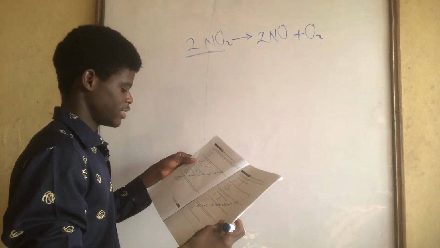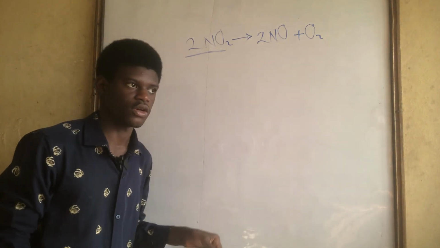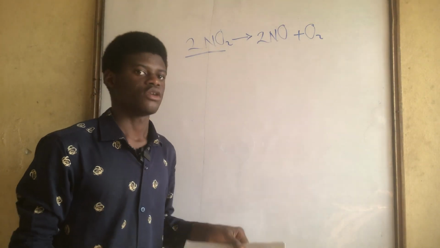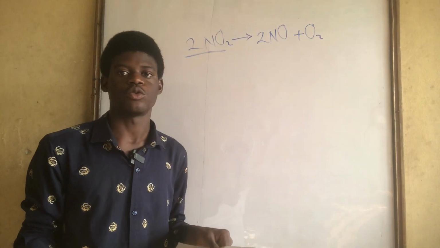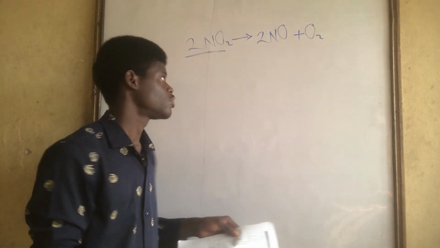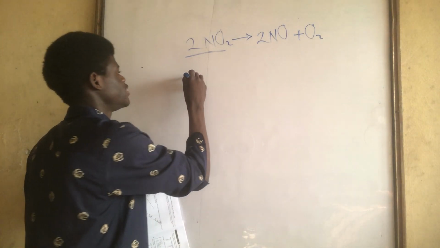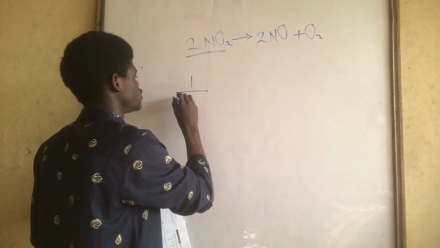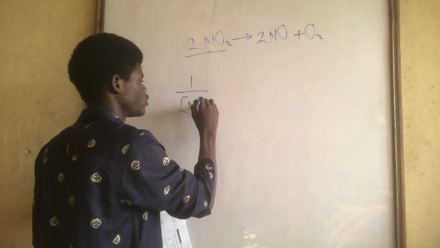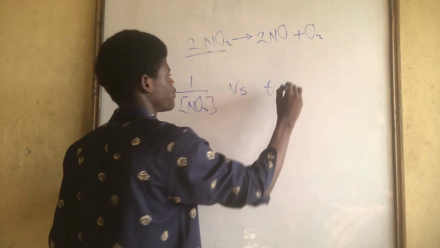Which of the following kinetic plots would be the most useful to confirm whether or not the reaction is second order? They're asking us for the kinetic plot, that is, what we are going to plot against what to give a straight line. Since it's a second order reaction, we plot the inverse of the concentration of NO2 against time to get a straight line.